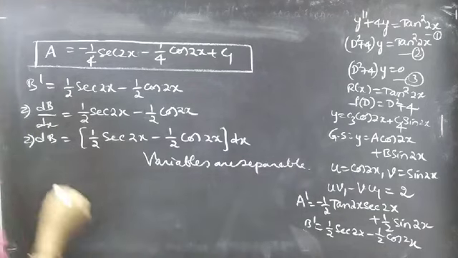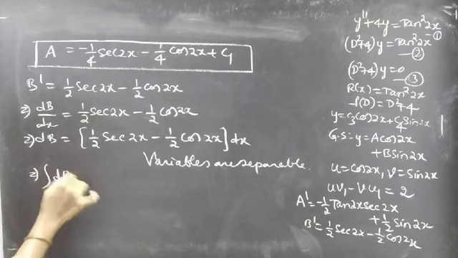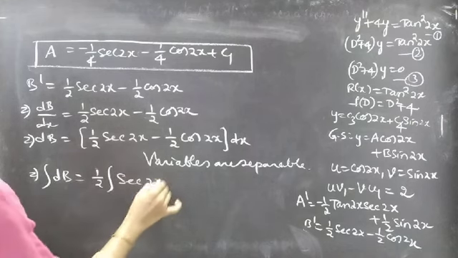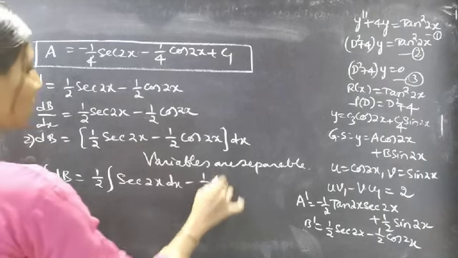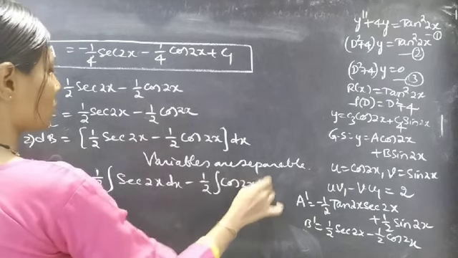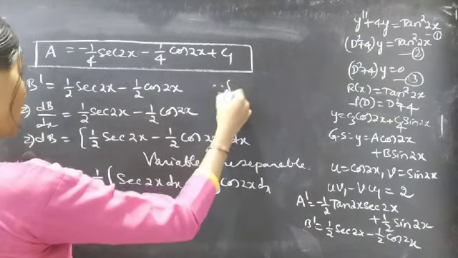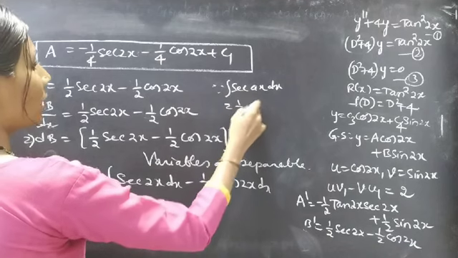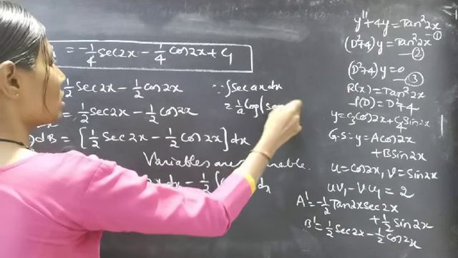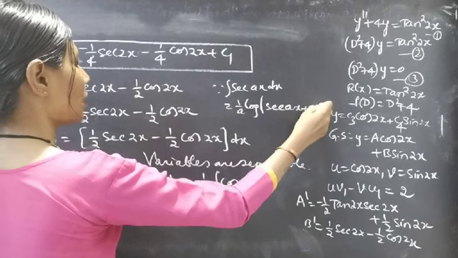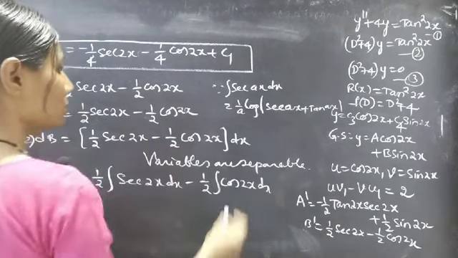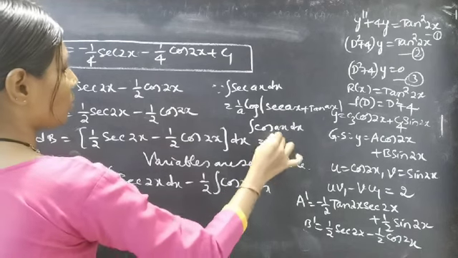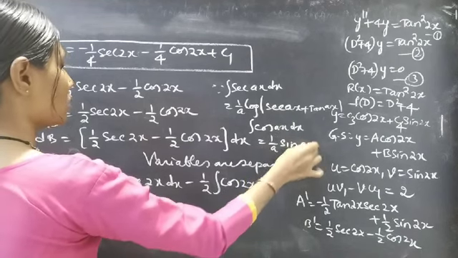So let's perform integration. Integral db equal to 1 by 2 secant 2x into dx minus 1 by 2 integral cos 2x dx. Since we know that integral secant ax dx is 1 by a log mod secant ax plus tan ax, and integral cos ax dx is 1 by a sin ax.